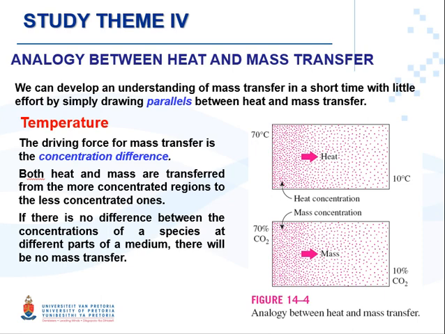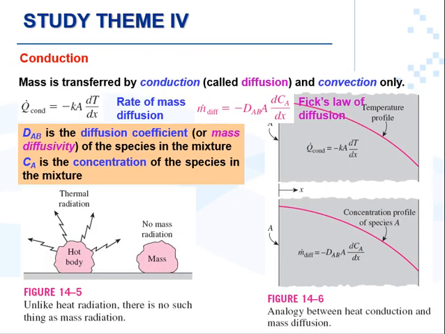Okay, so that was easy, but I just wanted to mention it because we are going to take one step further. We talked about temperature, but we know that we have three different forms of heat transfer. The first one that you learned was conduction, because it's easy. We know that mass can be transferred by a process similar to conduction.